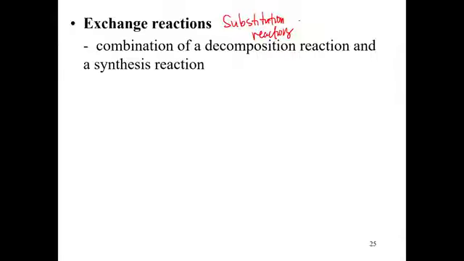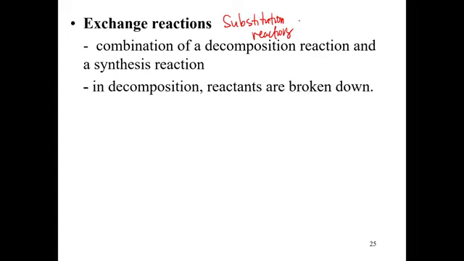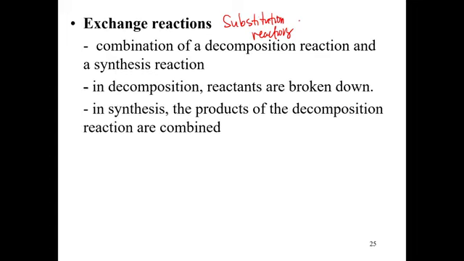Exchange reactions. These are also called your substitution reactions. It is a combination of decomposition reaction and synthesis reaction. Basically, two compounds exchange their atoms. In decomposition, reactants are broken down. In synthesis, the products of decomposition are combined.